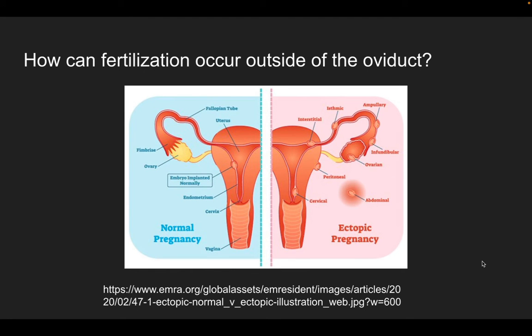Now we will answer the question of how fertilization can occur outside of the oviduct. A fertilized egg in an ectopic pregnancy is not viable because it cannot properly develop or survive outside of the uterus without the blood supply that is normally provided there. Ectopic pregnancy occurs because the egg is fertilized before it has fully traveled out of the fallopian tube. So it's possible that it could just be fertilized before it even has a chance to leave.